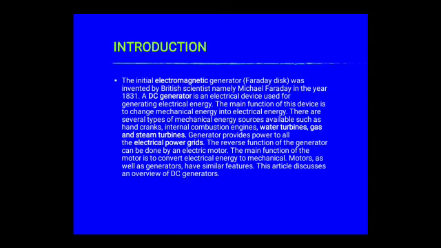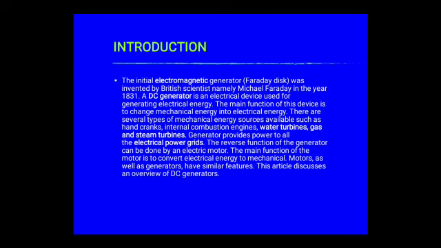In the year 1831, the initial electromagnetic generator, known as Faraday's disc, was invented by the famous British scientist Michael Faraday. So a DC generator is an electrical device which is used for generating electrical energy.